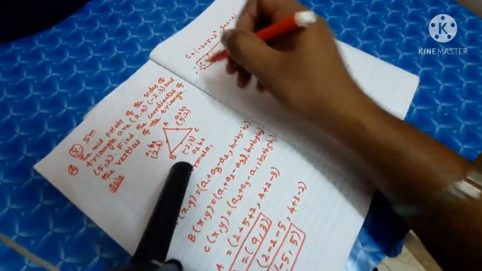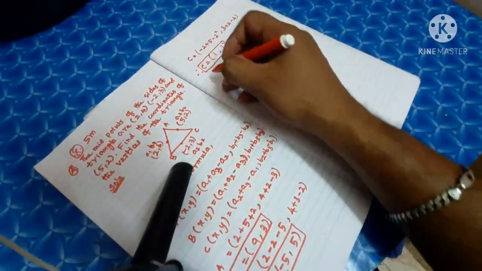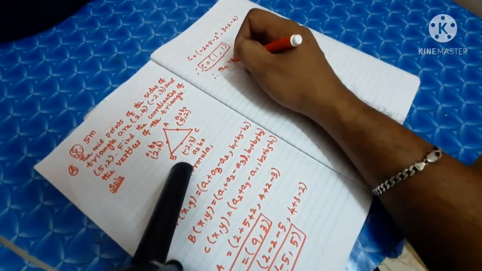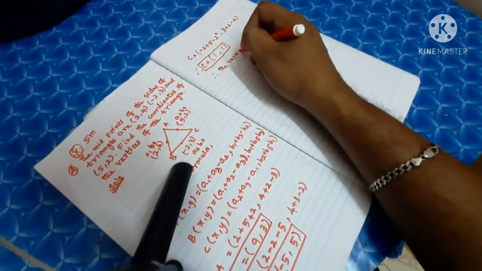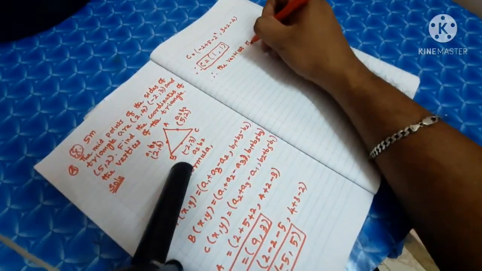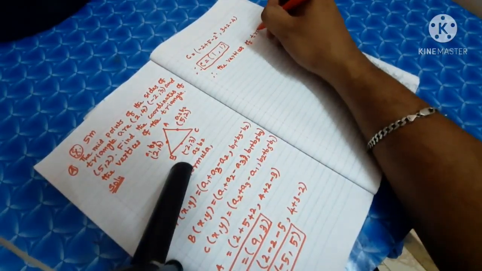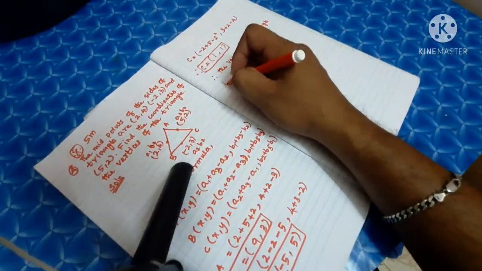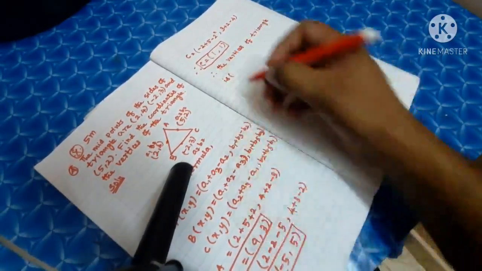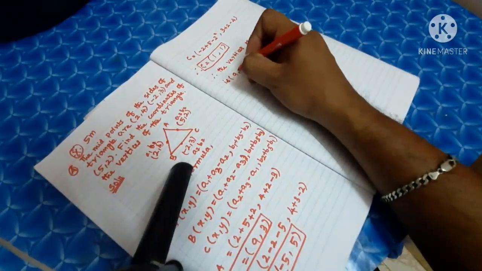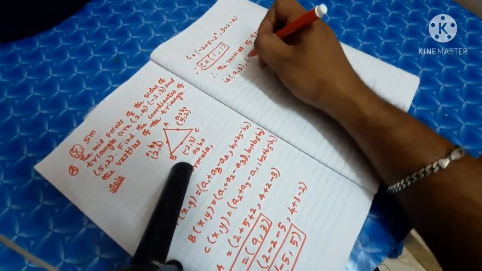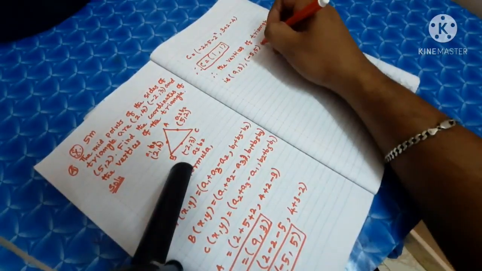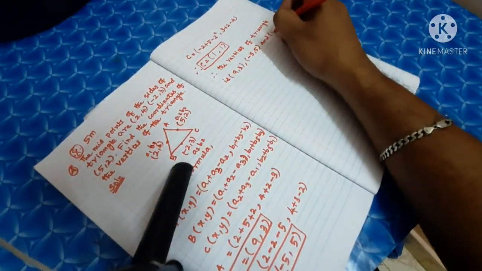Now we have found the ABC vertices directly. Therefore, the vertices of the triangle are: first point is 9 comma 3, second point is minus 5 comma 5, and third point is 1 comma 1.